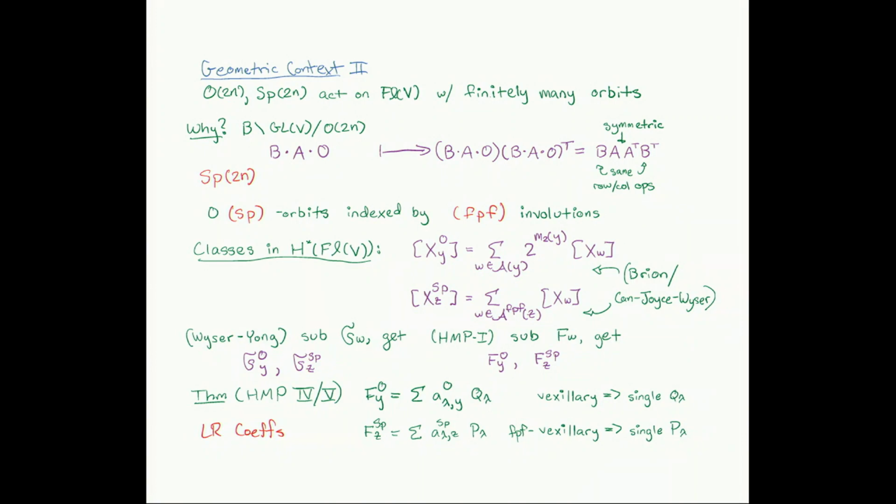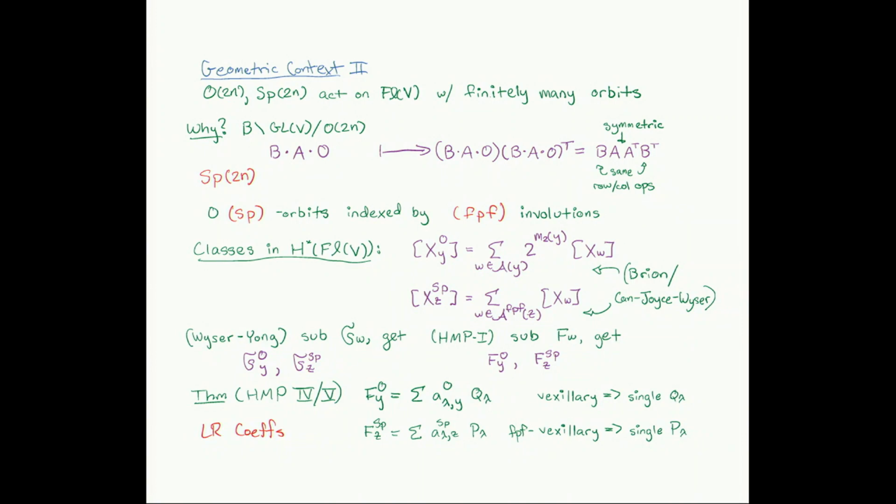And then these should have classes in just the ordinary cohomology of the flag variety, type A, our familiar friend. It's work of Brion, and then made a little more explicit by Hamaker, Marberg, Pawlowski, Wyser, right? These should break down into Schubert classes.